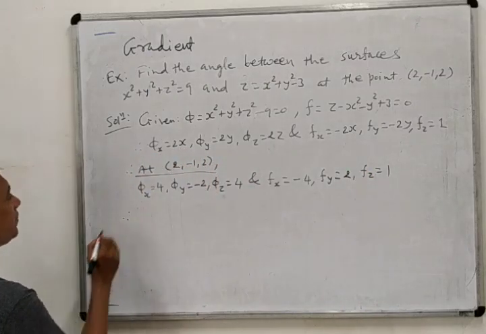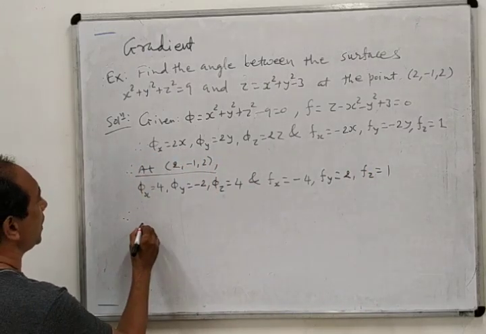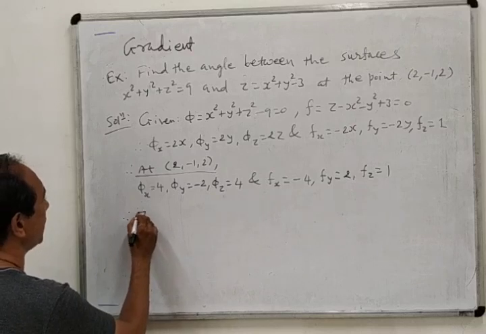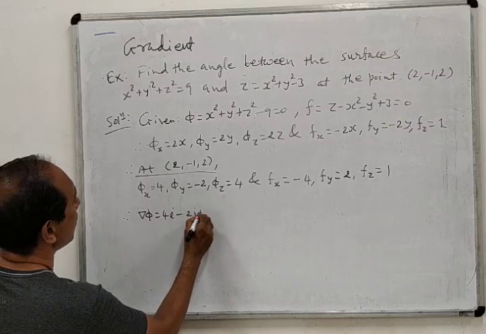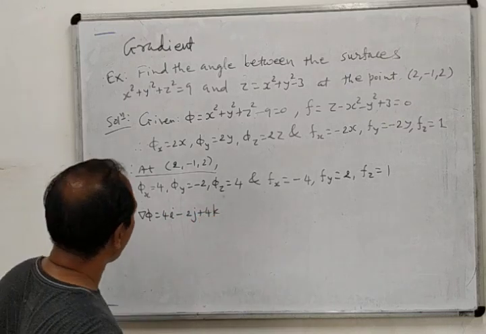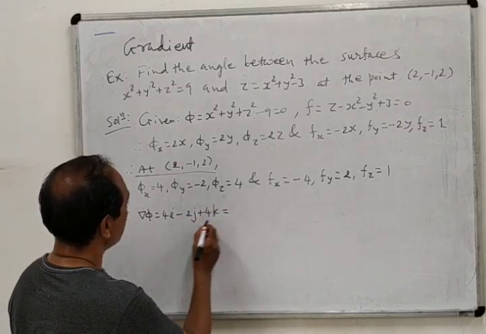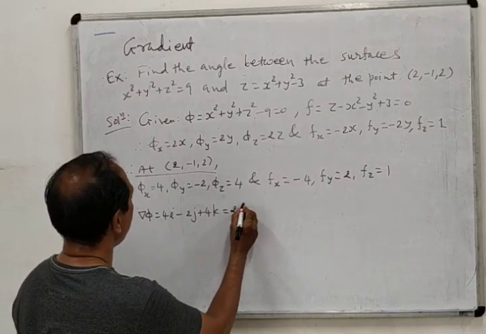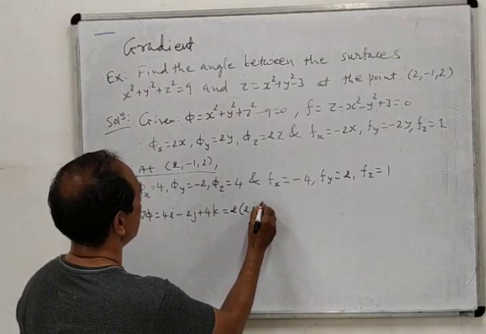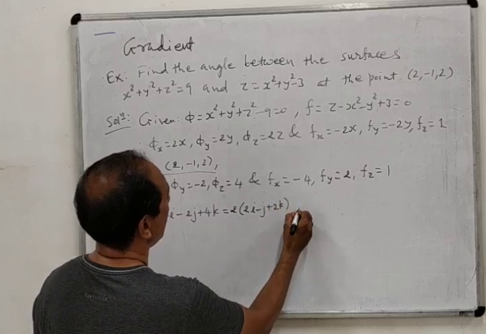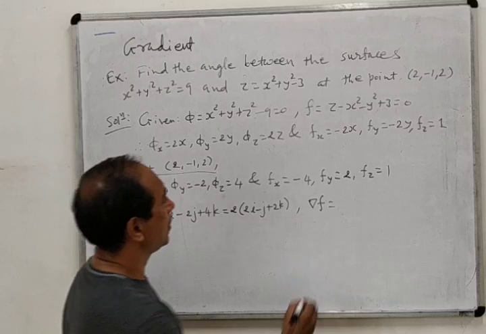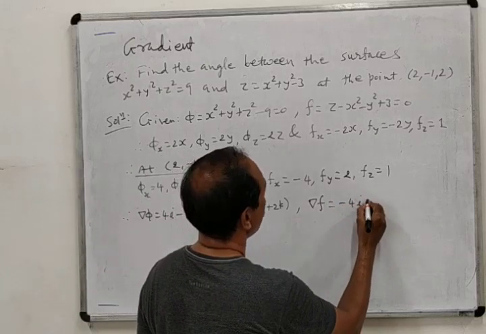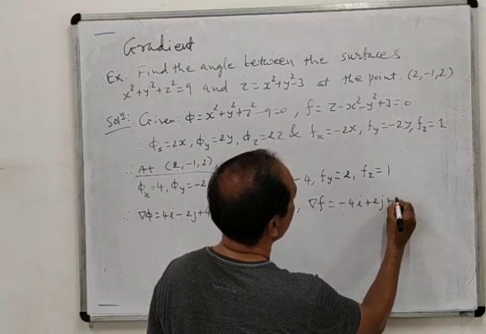Therefore we have gradient phi equal to 4i minus 2j plus 4k. Okay, and this 2 is common, so we can write this as 2 times 2i minus j plus 2k. And similarly we can find gradient of f equal to minus 4i plus 2j plus 1 into k.